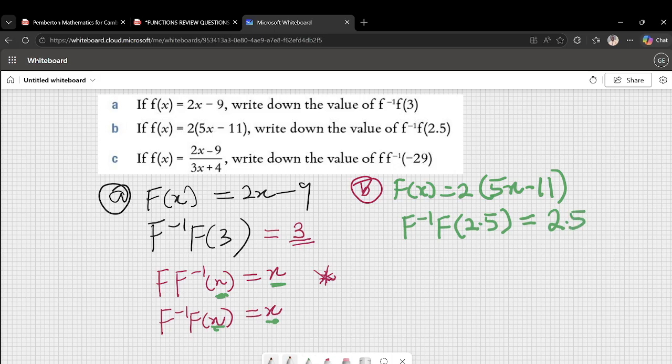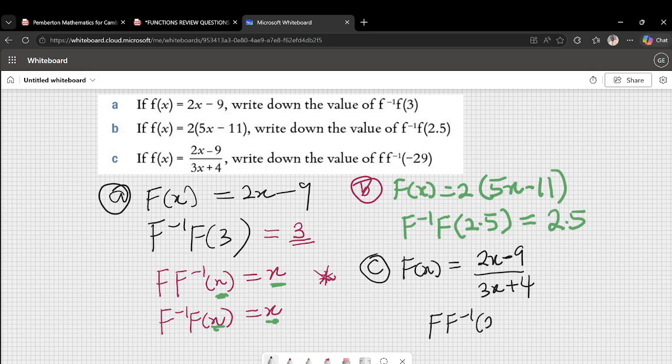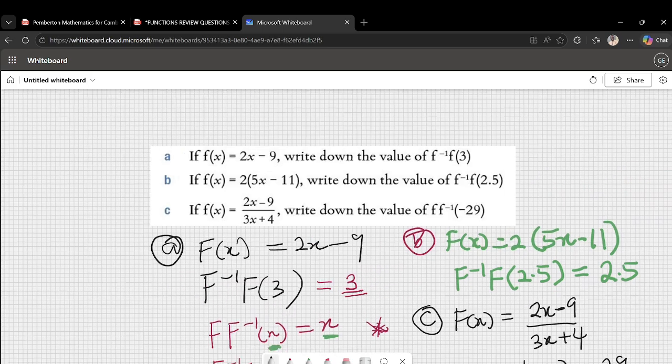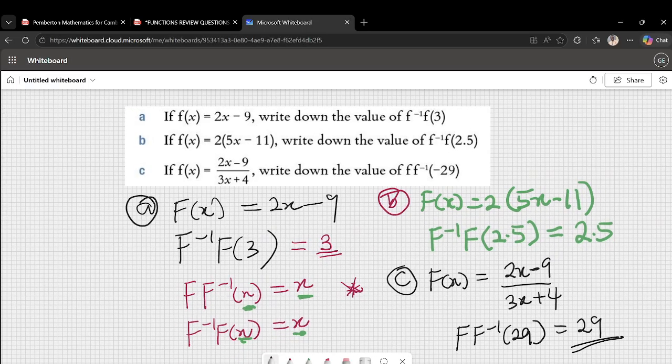Also for the last one, where f of x is equal to 2x minus 9 over 3x plus 4, if I have to find f inverse of f of 29, I'm going to get 29 as my answer, looking at the identity. So that is how we do functions like this.